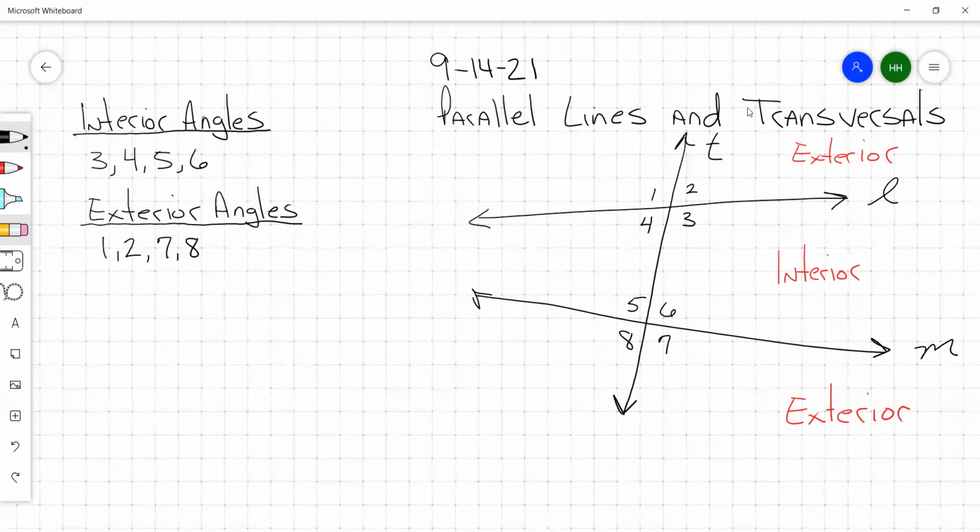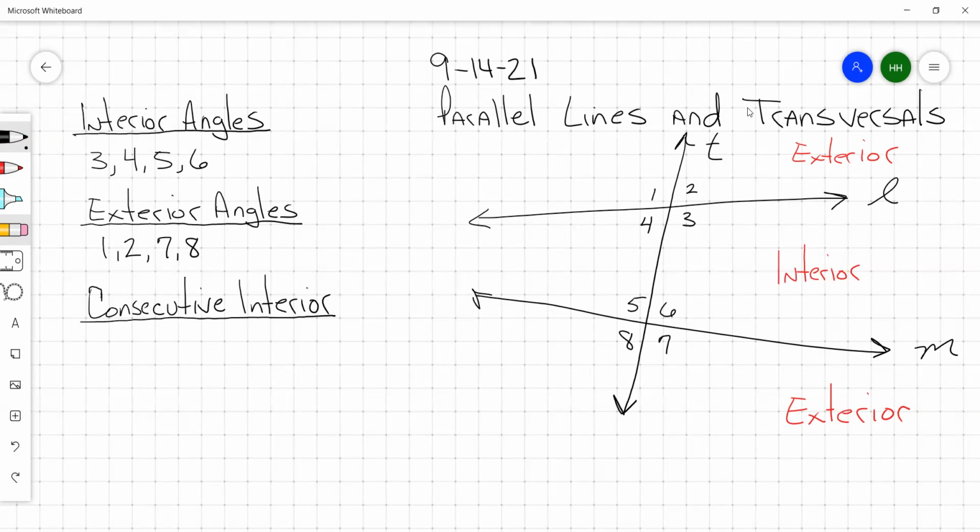The next type of angle is called consecutive interior. Consecutive meaning, in this case, on the same side. On the same side of the transversal and on the interior.